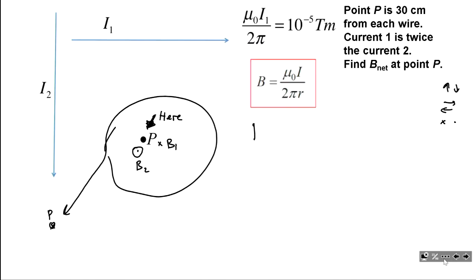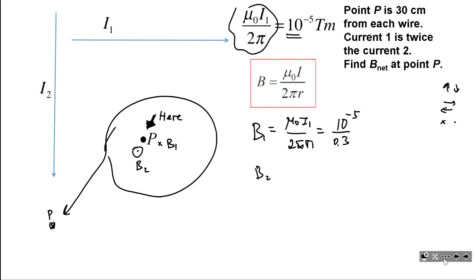Now we know what to do. We can calculate the magnetic field strength number 1. What do we know? We know that this combination of variables is 10 to the negative 5, just to simplify our calculation, and the distance is 30 centimeters, 0.3.